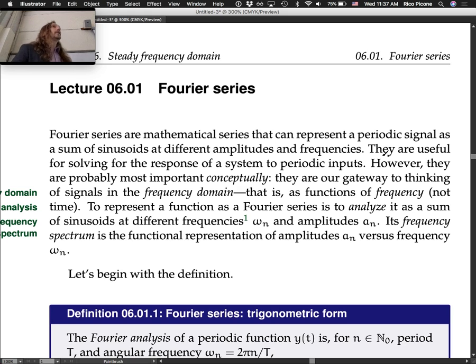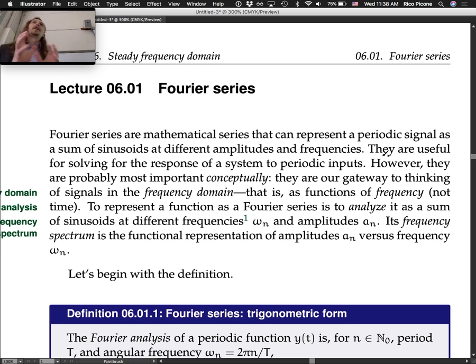Now, at first we're going to think of an input as being just a sinusoid. So we'll really start there. But actually, at the very beginning, we're going to foreshadow by introducing Fourier series, composing more sinusoids into a single function.